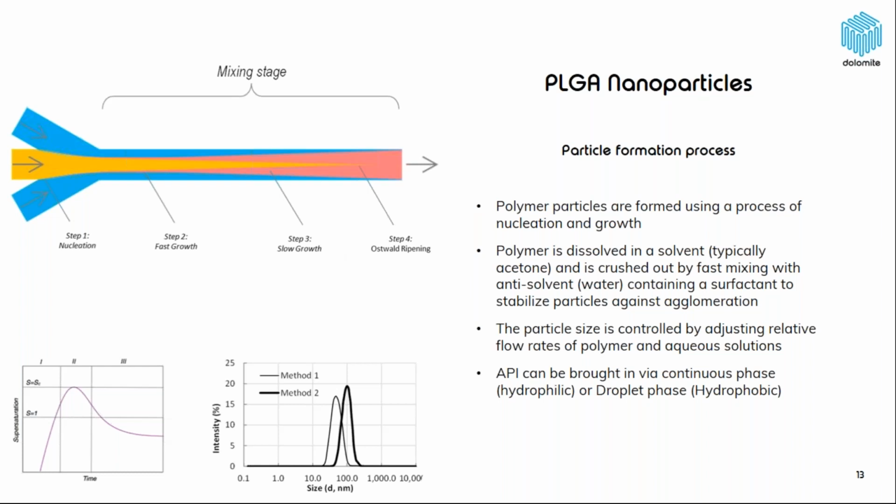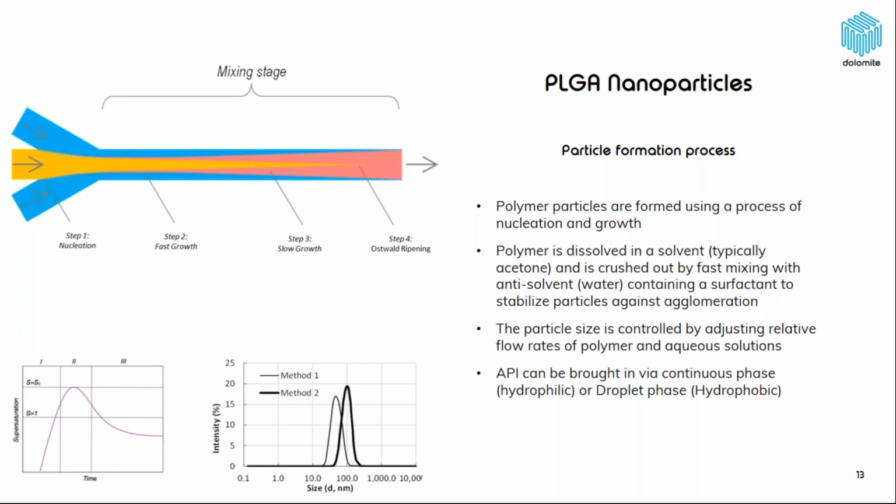What this does is at the point of contact between water and acetone, mixing occurs, and solubility of PLGA decreases substantially. So PLGA starts to nucleate and crash out of solution. So what you're setting up is the fast growth zone where PLGA strands nucleate into particles and more strands are being added to them. And then throughout the rest of the chip, the system continues to grow up until a state of thermodynamic equilibrium, but it continues to do so at a much slower pace.